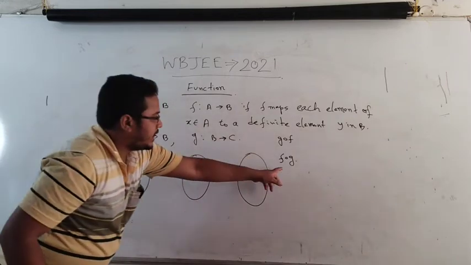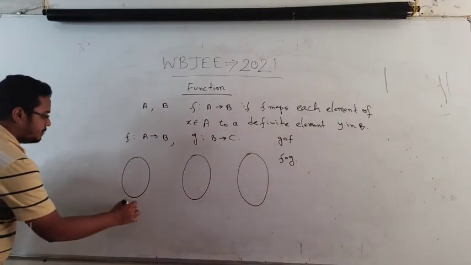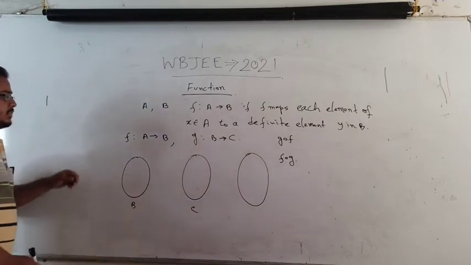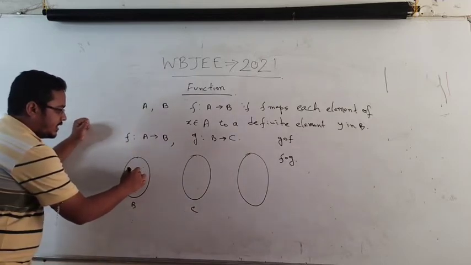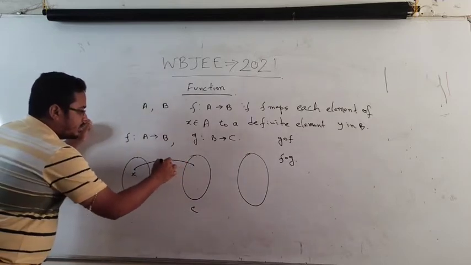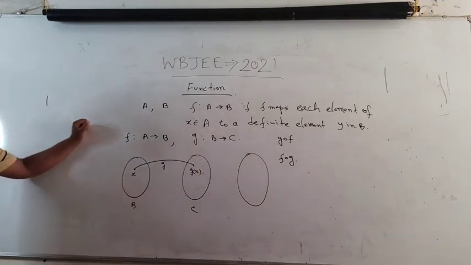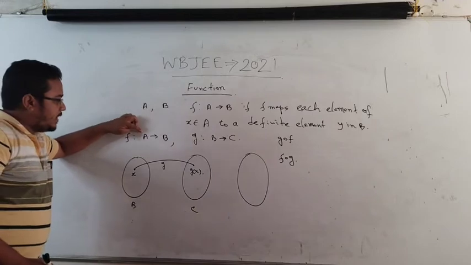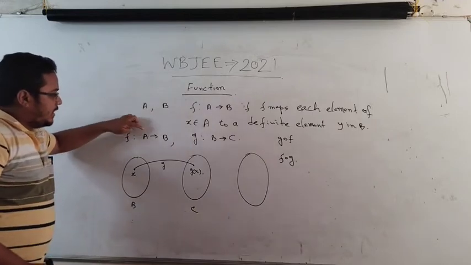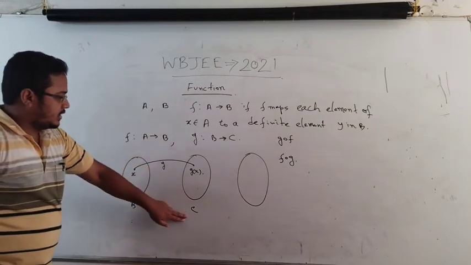So first we take g, which is from B to C. An element x is taken to g(x) in C. Now see that the domain of f is A and the codomain of g is C.